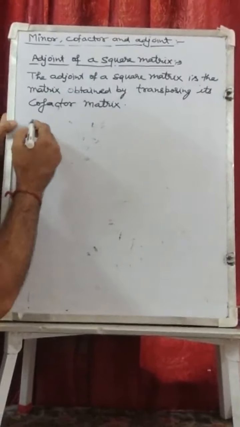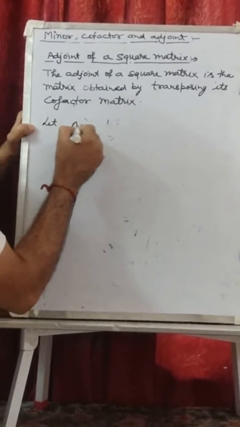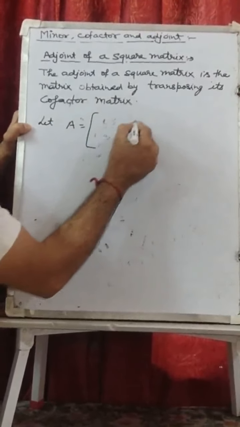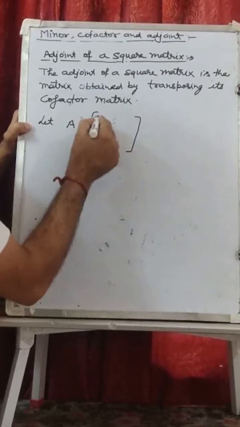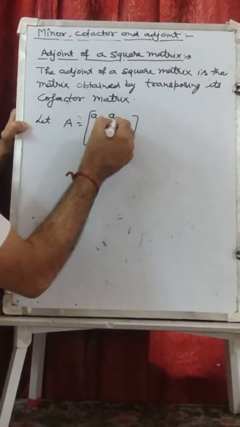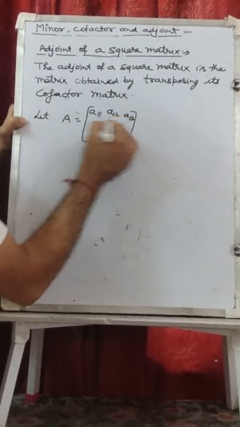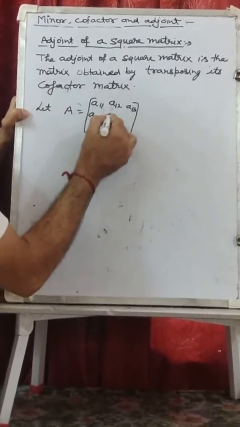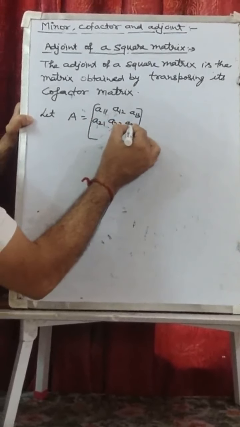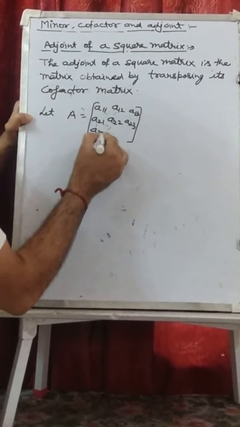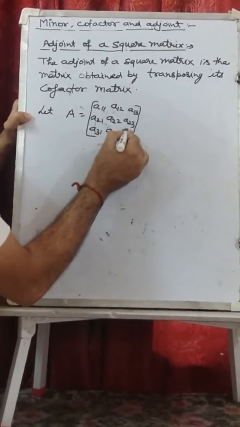Let us understand it. Let A be a square matrix: A11, A12, A13, A21, A22, A23, A31, A32, A33.